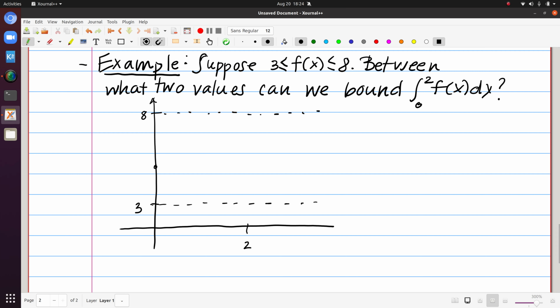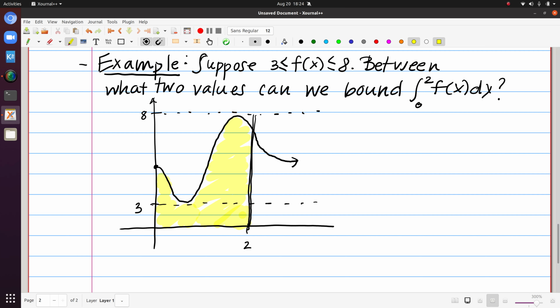So you could imagine that maybe my function looks something like this on my interval. And of course, we are just concerned with the interval from 0 to 2, and we are trying to come up with bounds on this area. And of course, I don't know that this is the graph of f, I'm just drawing a representation.